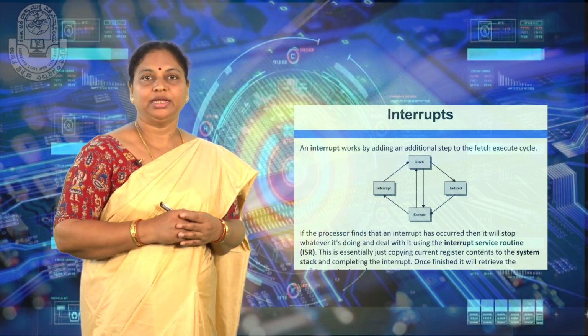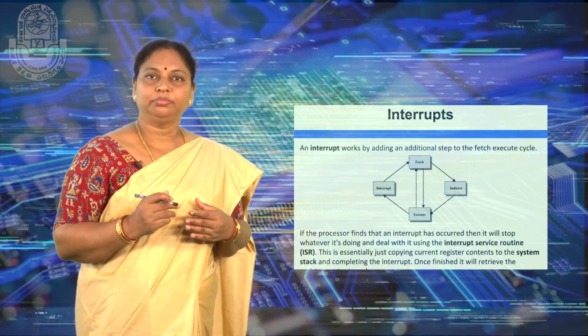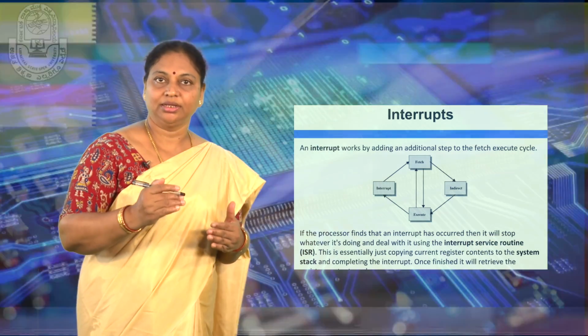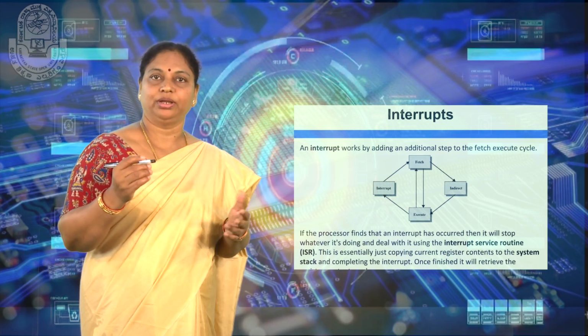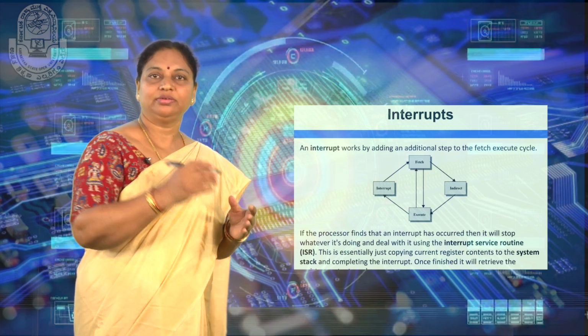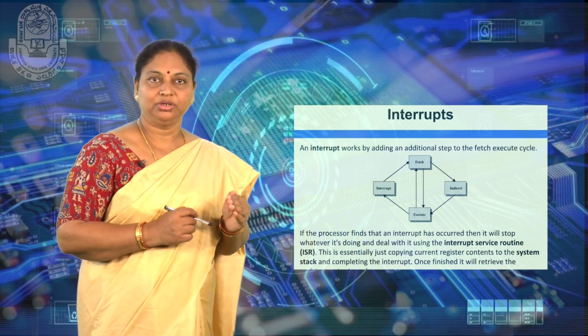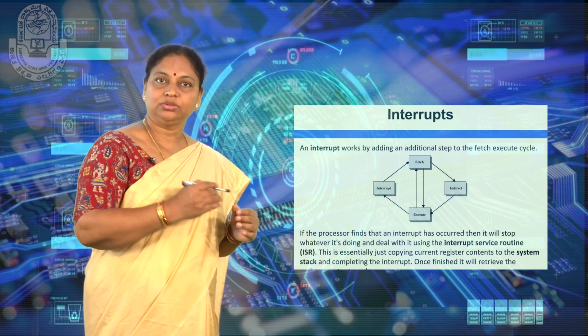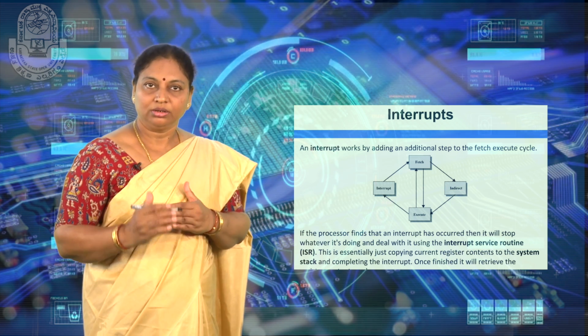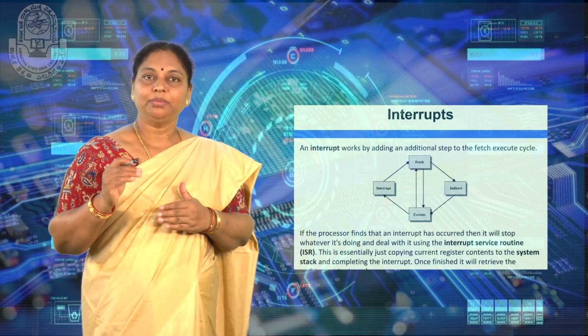What is meant by interrupt? An interrupt is an external signal which is external to the program. It will be from a device. The device may be either an input device or an output device which is attached to the system, and the interrupt may be from another program.